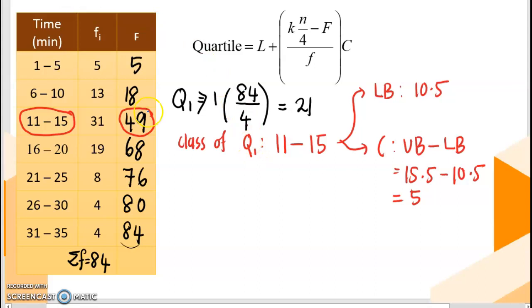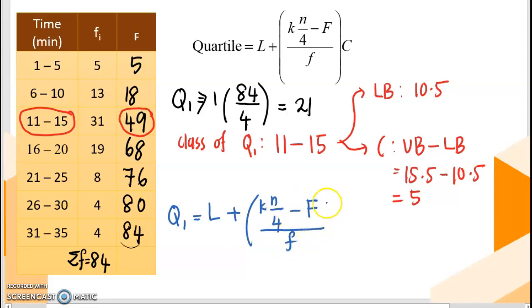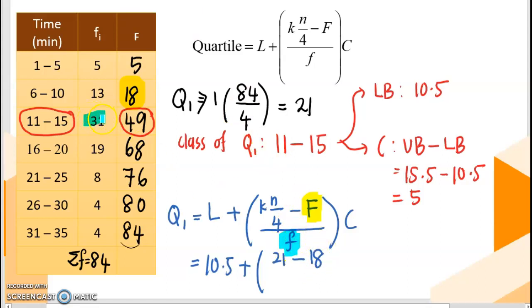So for quartile 1, the formula will be lower boundary of its class plus kn over 4 minus cumulative frequency before, divided by its frequency, multiplied by its C. Our lower boundary is 10.5, plus kn over 4, which is 21, minus cumulative frequency before, which is 18, divided by the frequency of the class, which is 31, and then its C will be 5.